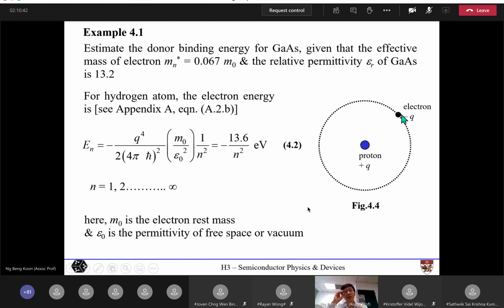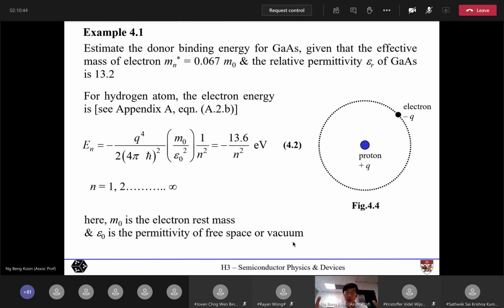Remember, the electron is now in a crystal, which means the mass is no longer the rest mass but an effective mass, because it experiences interaction from the atoms in the crystal. So we can modify this m0 to the effective mass.